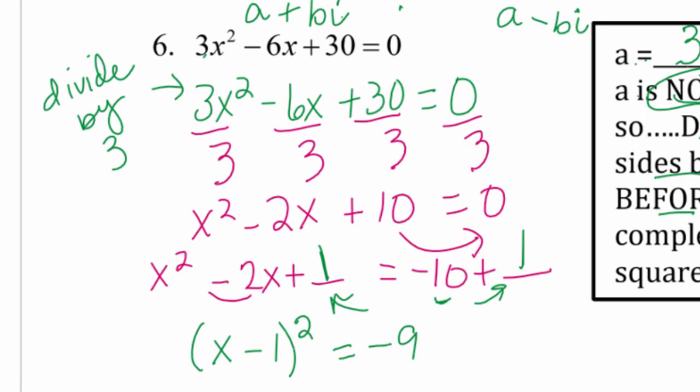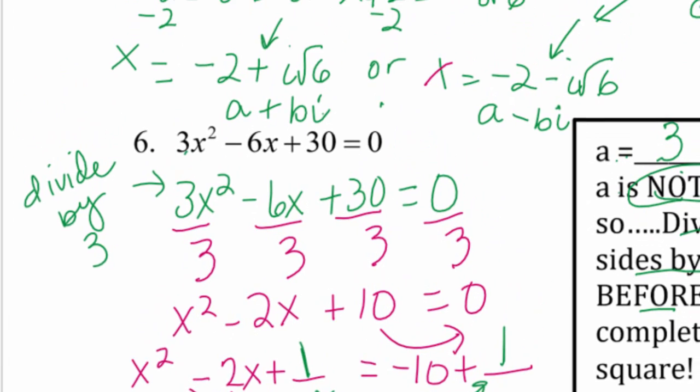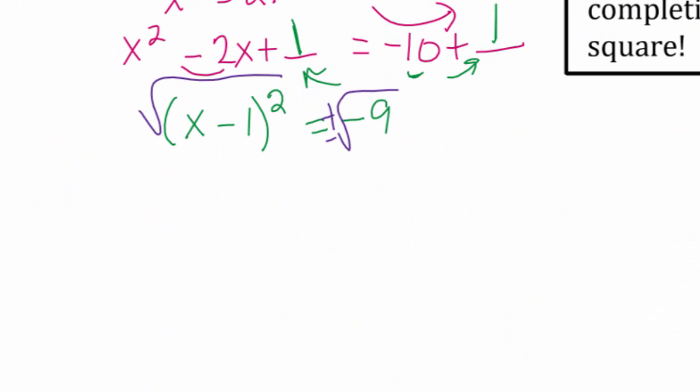Square root property. Running out of room here. Plus or minus square root of negative 9. Uh-oh, complex numbers. Let's put this over here. Okay. So again, square root property with a plus or minus on the right.